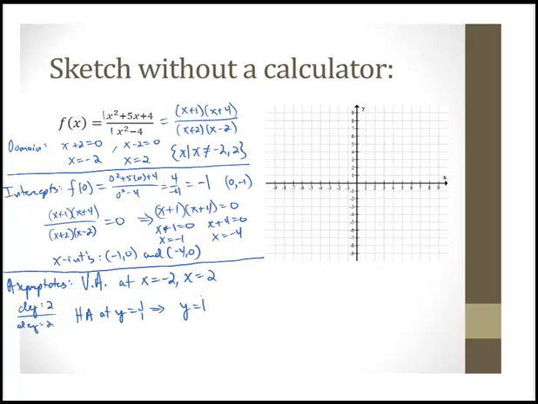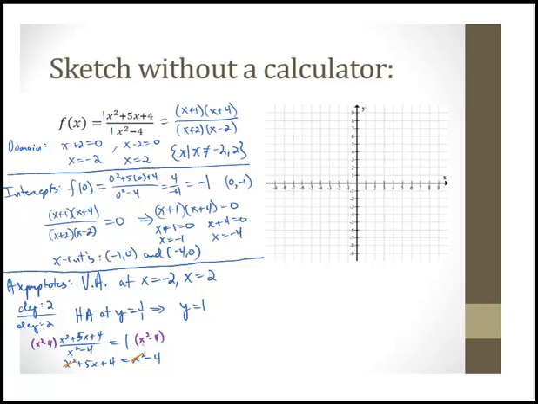Will the function ever cross its horizontal asymptote? Alright, so can x squared plus 5x plus 4 over x squared minus 4 ever equal 1? Well, if I multiply through by the denominator, x squared minus 4, then I would have x squared plus 5x plus 4 equals x squared minus 4. So notice those x squareds are going to subtract out.